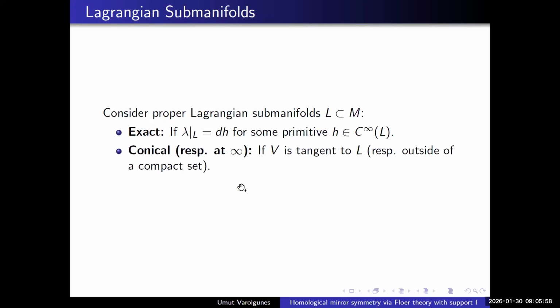By proper, I mean properly embedded, which means that if you intersect it with a compact set, then it's compact. Then I will call this Lagrangian conical if the Liouville vector field is tangent to it, and conical at infinity if it's tangent to it outside a compact set.